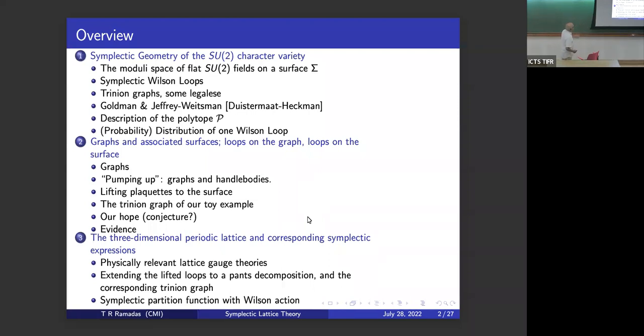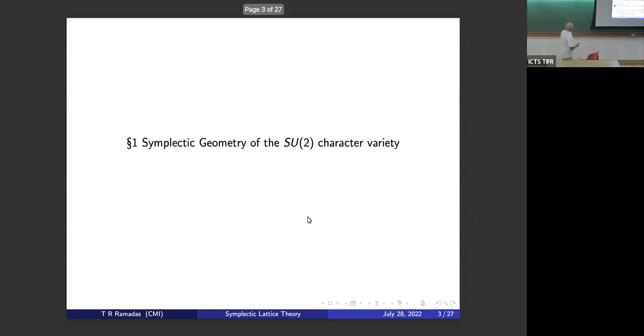So I'll give you a minute to look at the topics that we have to cover, and let's launch into the talk. I start with perhaps the part that may be least familiar to many of you, and which is my comfort zone, which is the symplectic geometry of the SU2 character variety.